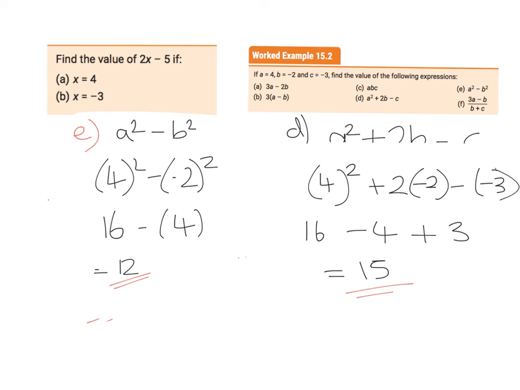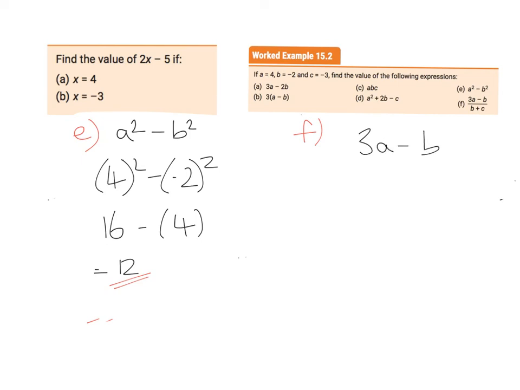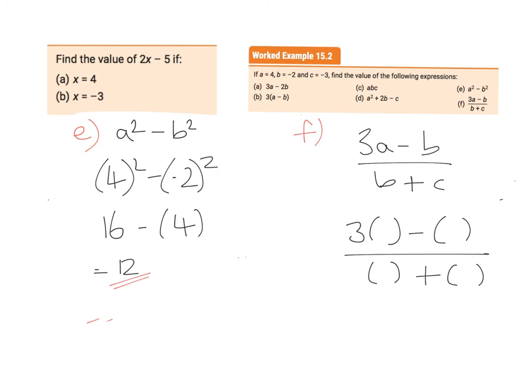Part F then. (3A minus B) over (B plus C). So 3 bracket minus bracket over bracket plus bracket. Just rewritten all of this, and instead of my variables, I've got brackets. So here, instead of A, I'm writing in 4.